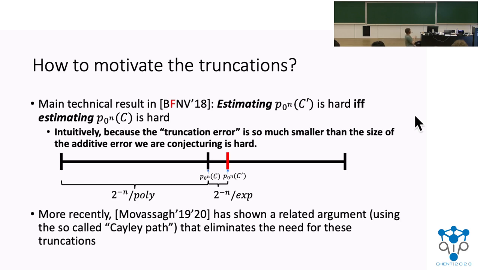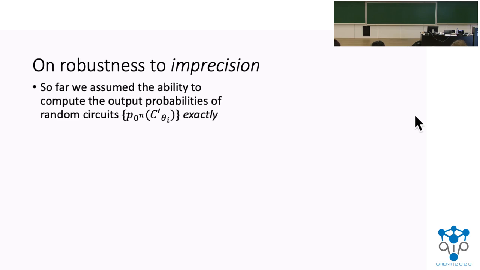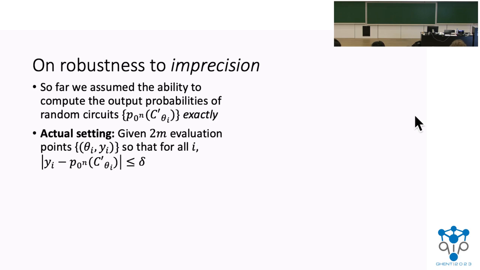Okay, great. But so far we haven't been talking about imprecision. We've been assuming that this algorithm that computes the output probabilities of a random circuit, when I say works, I mean exactly computes the output probabilities of these random but scrambled circuits, which I'm calling C of theta 1, C of theta 2, and so on. But our actual setting is approximate.